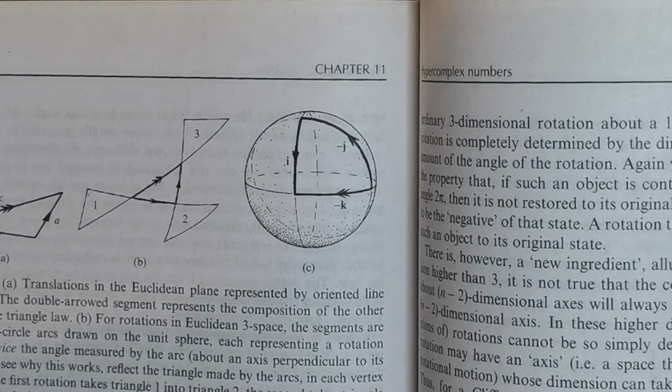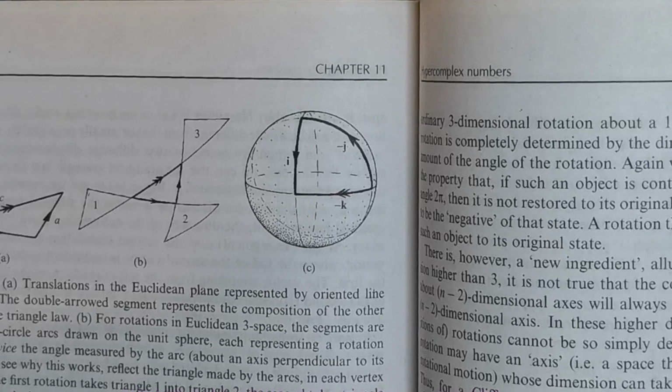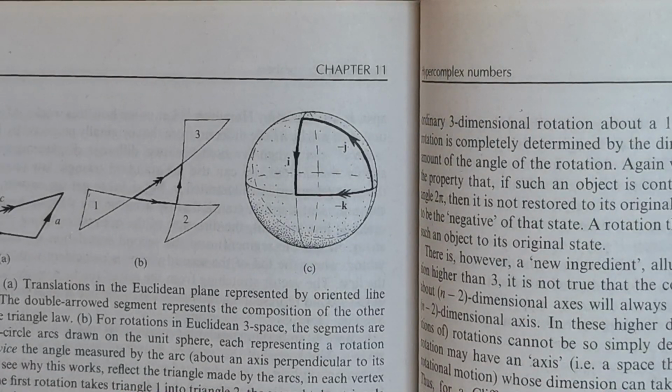So on a sphere here we have only a 90-degree arc, but that corresponds to the pi rotation. And if you turn the object over 2 pi.